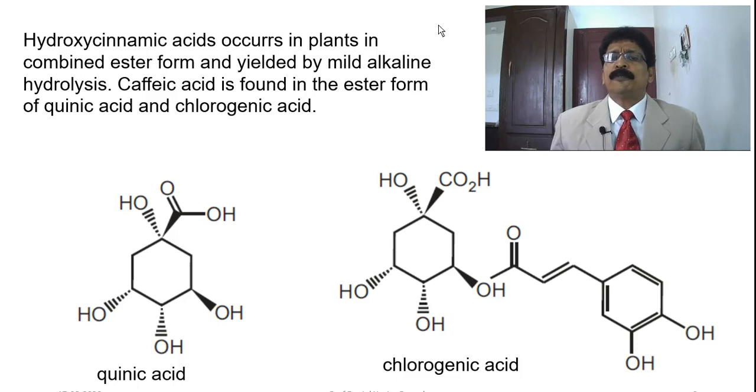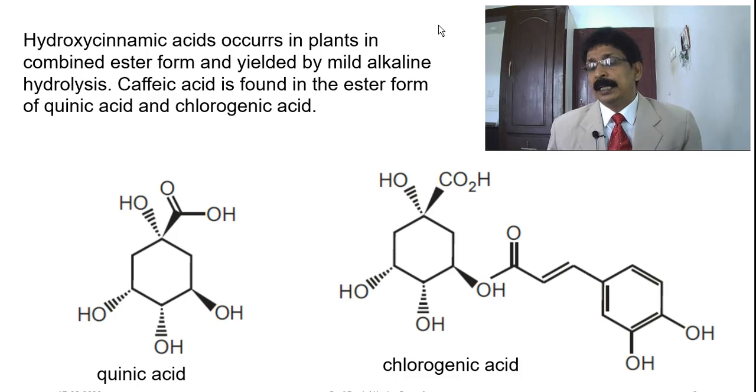That is the basic formula you might have studied. RCOR means ketone. ROR means ether. RCOOR means ester. RCHO means aldehyde. Like that you might have studied many formulas and many basic functional groups in your organic chemistry.